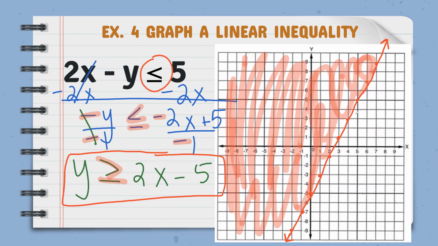And that's how you graph a linear inequality with two variables. As always, you can test a point if you want. 0, 0, easy peasy. 0 times 2 is 0, minus 0 is 0. Is 0 less than or equal to 5? And it is. So that's the solution. So all of that is solution to this linear inequality.